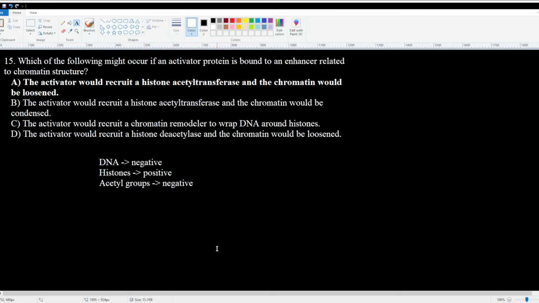So, using this principle, if we need something related to the chromatin structure that will loosen up the chromatin, we have to recruit acetyl groups. So what is an acetyl group? An acetyl group is basically this.